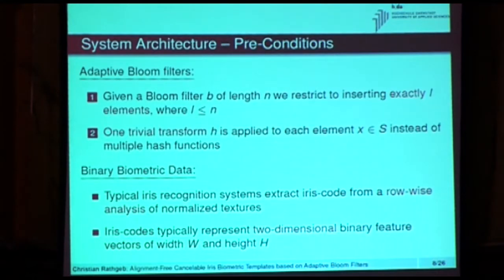First, we restrict to inserting exactly L elements into a Bloom filter, where L is less than or equal to n. Furthermore, instead of applying multiple hash functions, we restrict to applying only one trivial transform H.